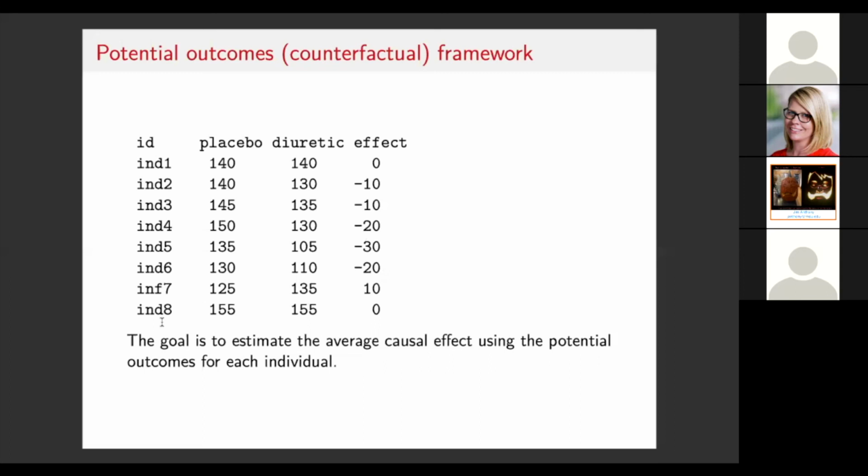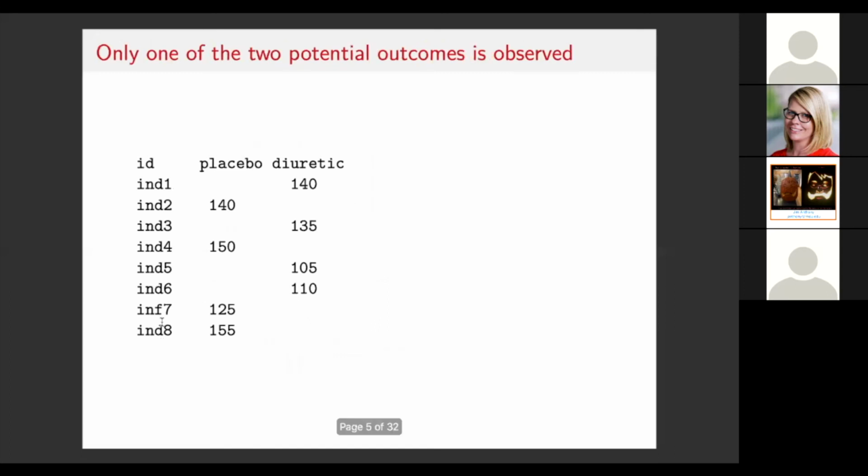Now, notice that in real life, we can only give the person either one of these, either the placebo or the diuretic. We don't get to observe both of these numbers. We get to see only one. So in reality, it will more likely look like this: individual 1 gets the diuretic, individual 2 gets the placebo, individual 3 gets the diuretic, and so on.